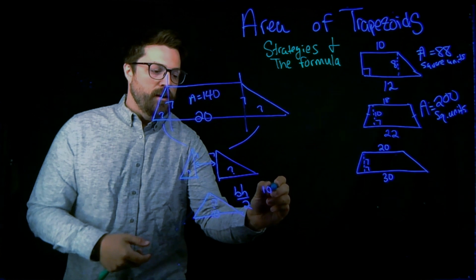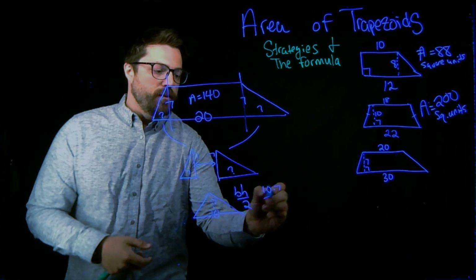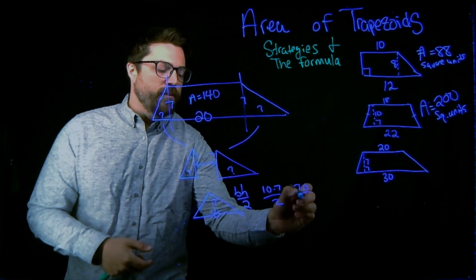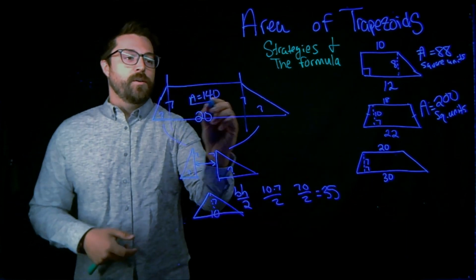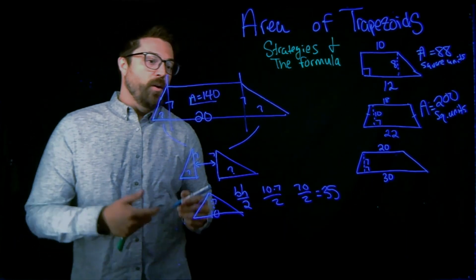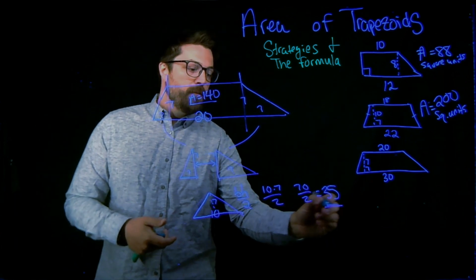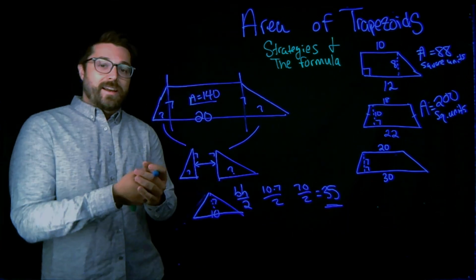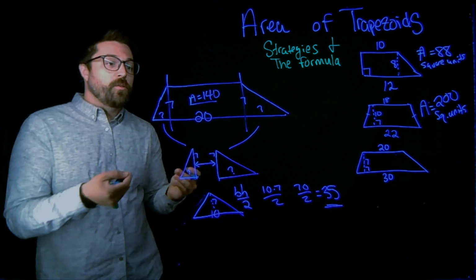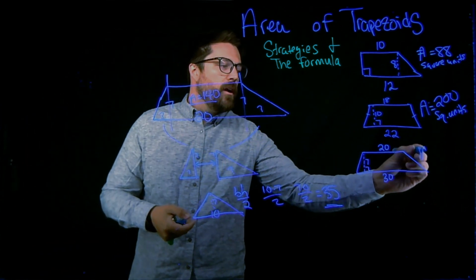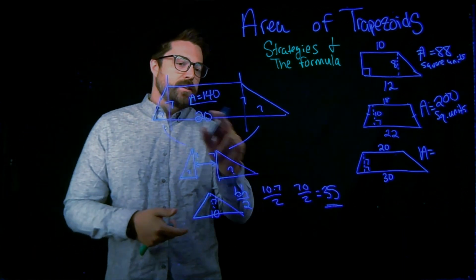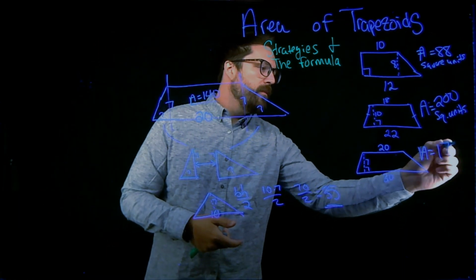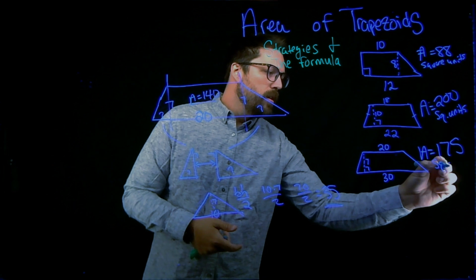So 10 times 7 divided by 2, so 70 divided by 2, this is 35. And so now I know the area of the rectangle, I know the combined area of the two triangles. I can compose those, put those back together, and I know the area of this non-isosceles trapezoid is 175 square units.